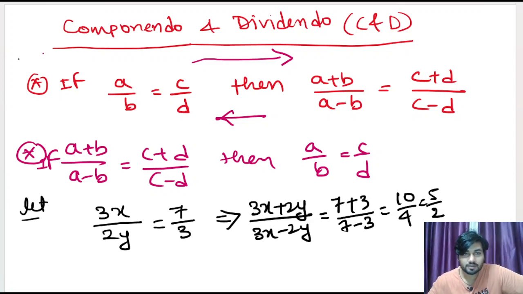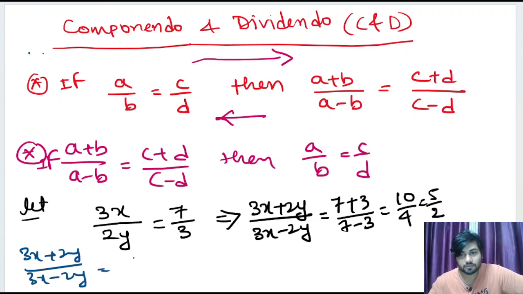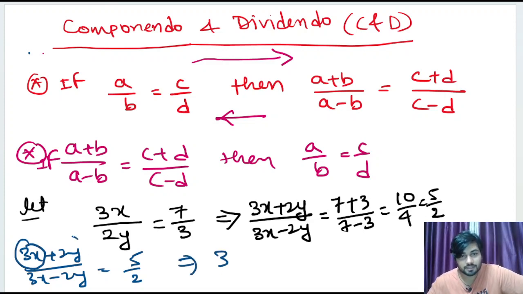That I said that if 3x plus 2y upon 3x minus 2y is equals to 5 upon 2, then we can directly write 3x, this is our obviously A and this is our B, 3x upon 2y is equals to what?